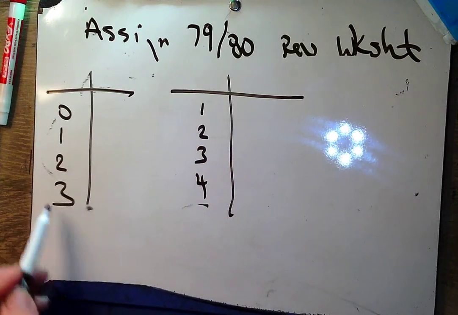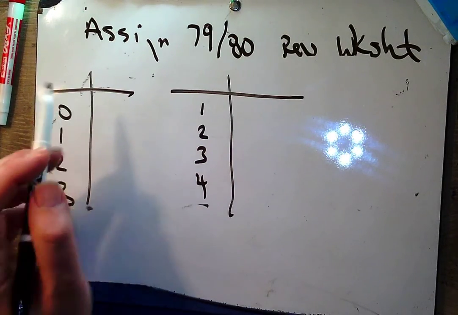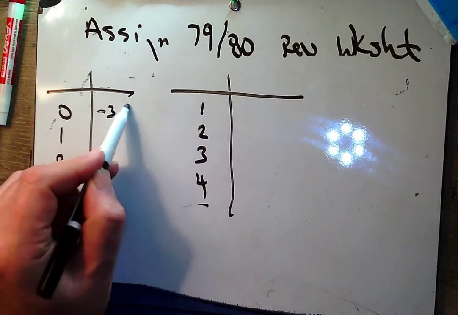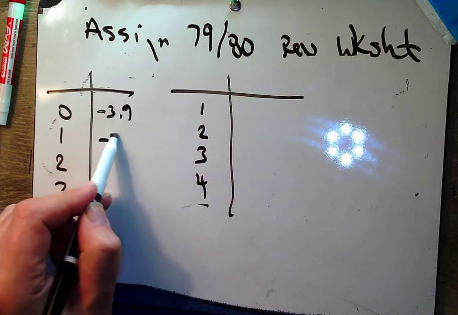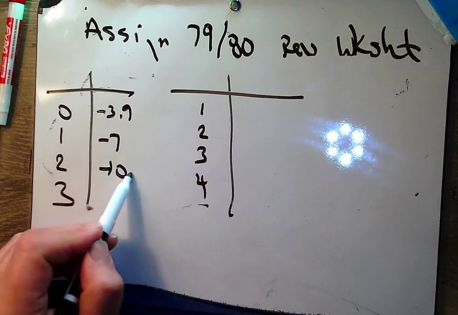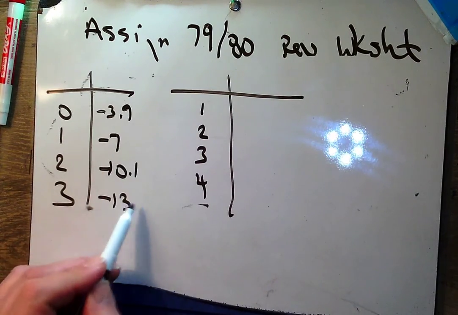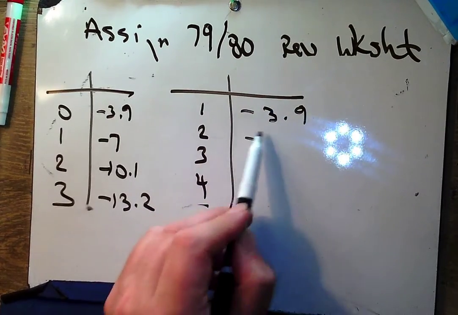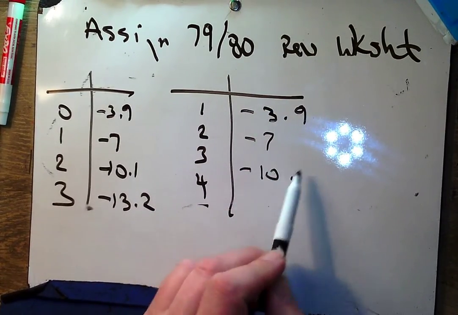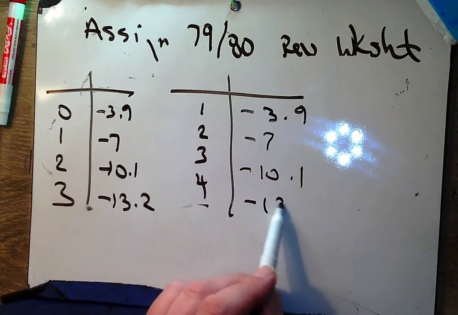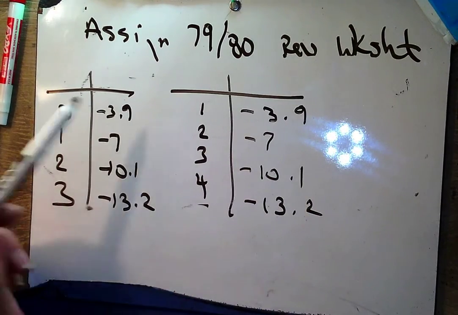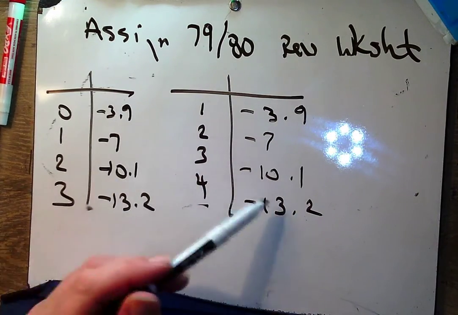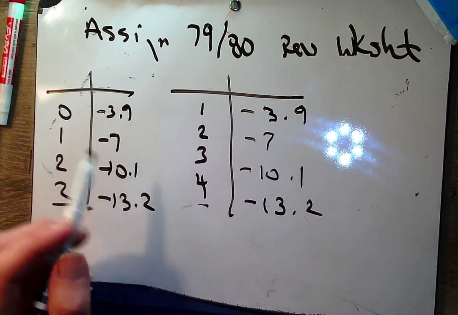Okay. 0, 1, 2, 3. So we're starting with negative 3.9, negative 7, negative 10.1, negative 13.2. Okay, so I suspect that the slope will be the same for both of these, but let's just see.